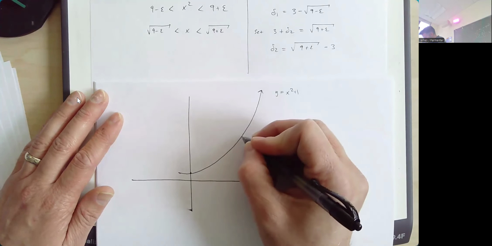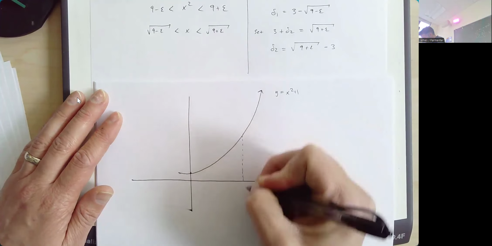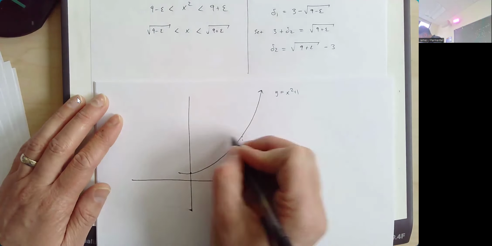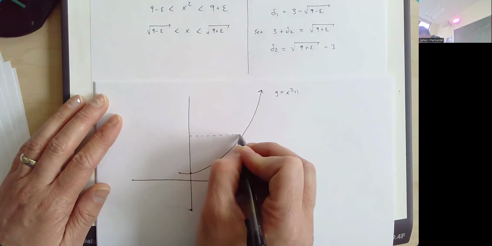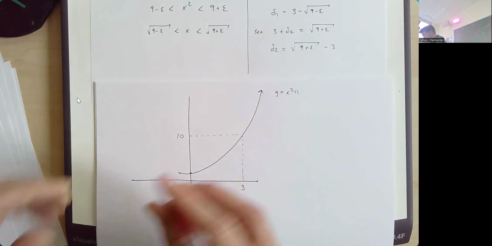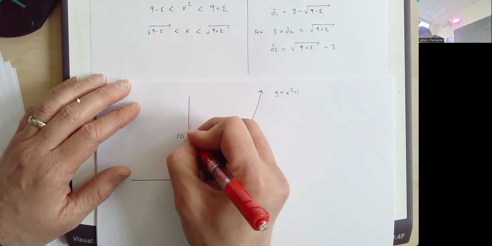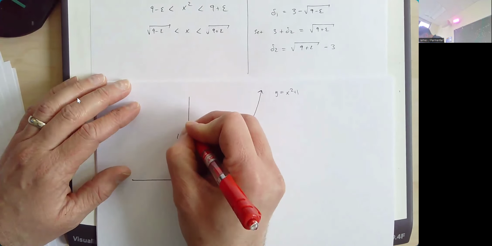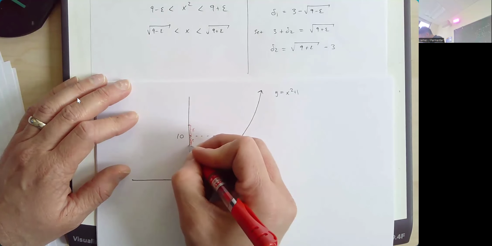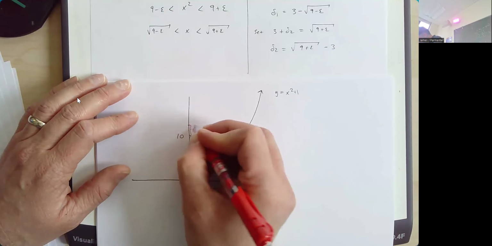Now let's say 3 is right there. And then here is 3 squared plus 1. Then I'm going to add epsilon and subtract epsilon. And I do want to make those lengths look as close to being the same as possible.